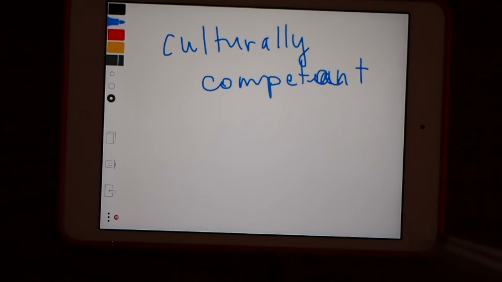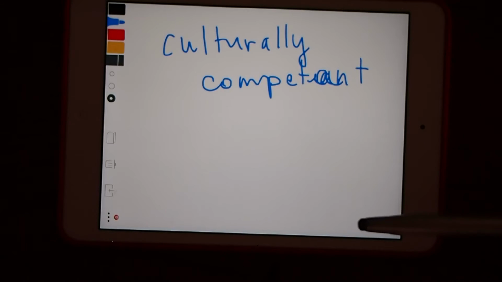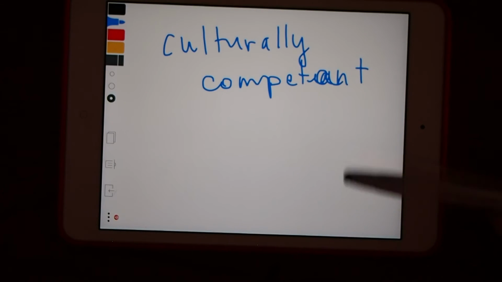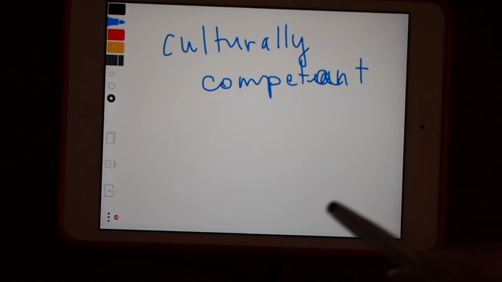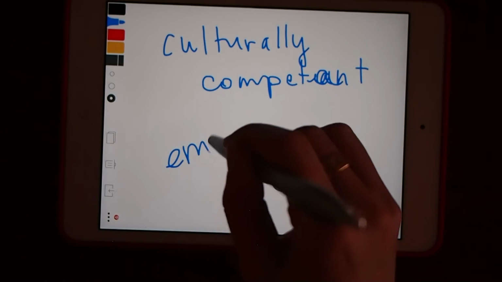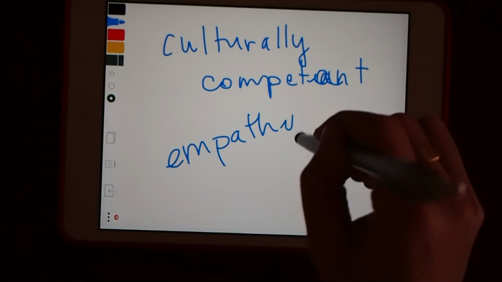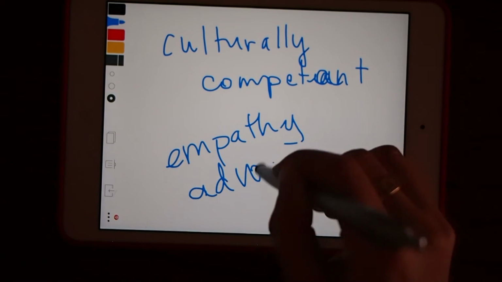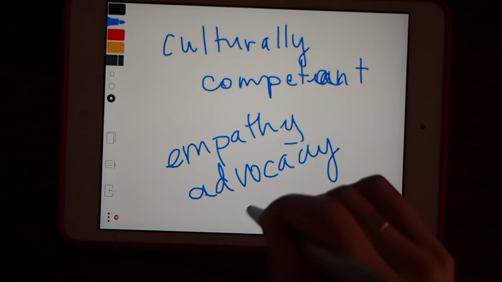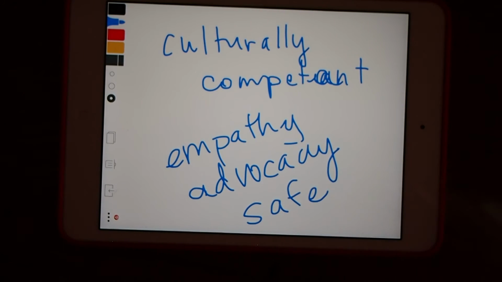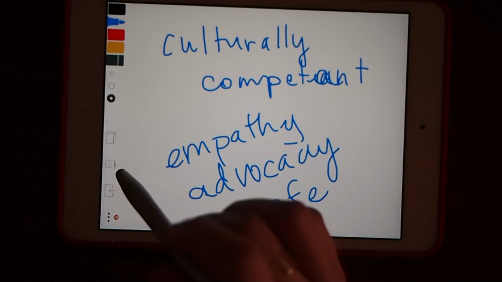That means a lot of people who have hepatitis C especially are IV drug users. And this is a very stigmatized and marginalized population. It's important to still use empathy, advocacy, safe care. Nursing needs to be a judgment-free zone.